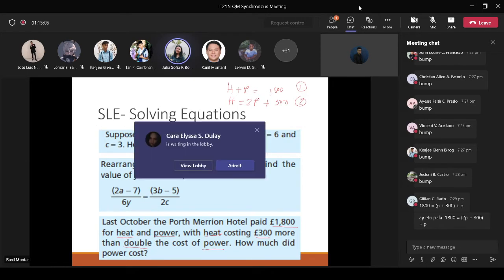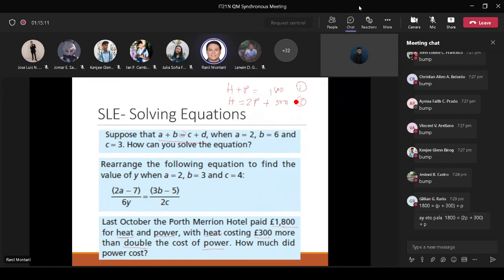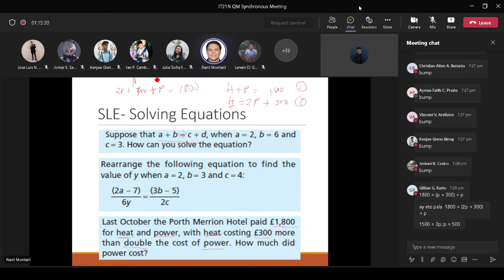Yes po, sir. We already have H here, which is 2p plus 300, and then we substitute the value of H here. So this will become 2p plus 300 plus p is equal to 1,800. And then from here, we solve the value of p. This is actually 3p, which is equal to 1,500.